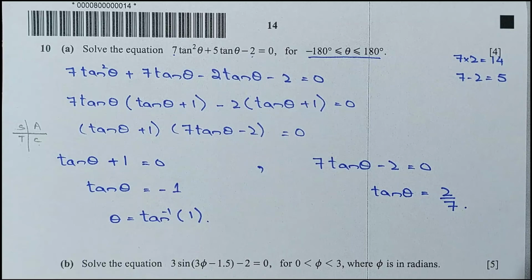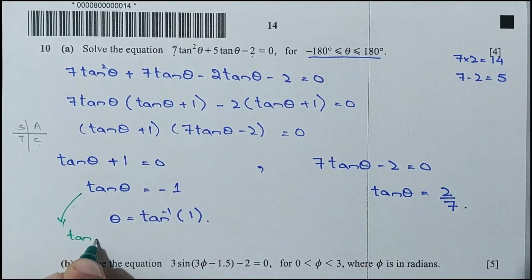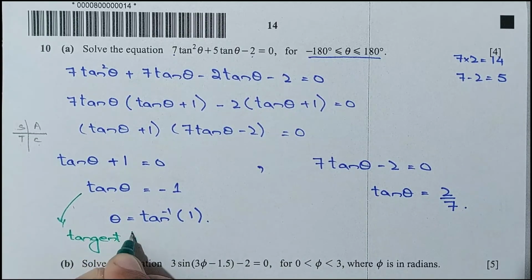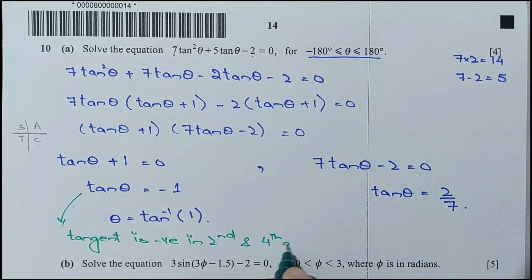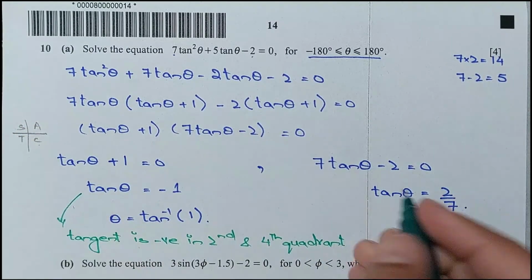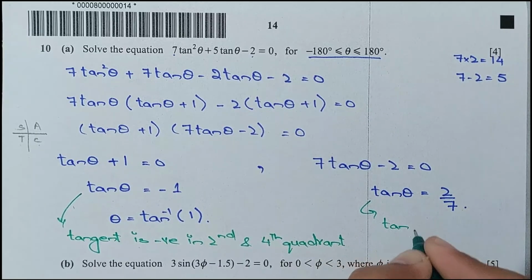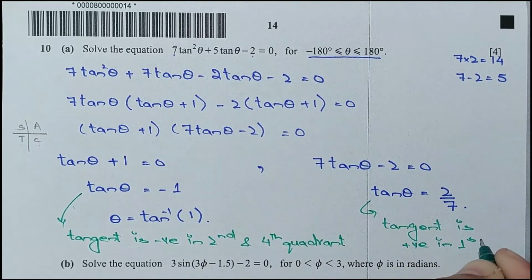Second and fourth it is negative. So tangent is negative in the second and fourth quadrants, and tangent is positive in the first and third quadrants.